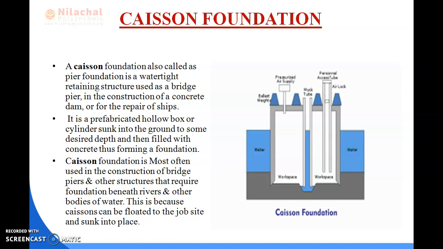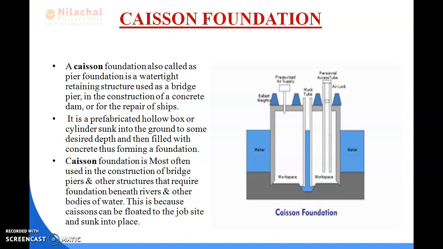Okay. And caisson foundation is suitable when the depth of the water in the river is large and the quality of the bed soil is good, and these are best for depths up to 20 meters. A caisson may be circular in shape or rectangular or any other shape also. Okay.